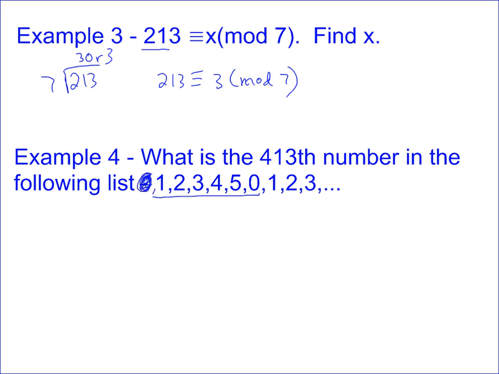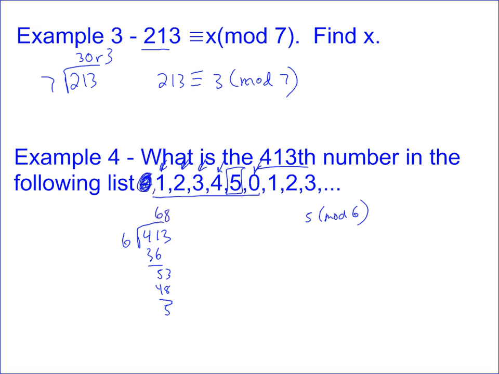So we divide 413 by 6, and we get remainder 5, so 413 could be written as 5 mod 6. So the 413th number then is 5. Every multiple of 6 would be a 0, every remainder 1 would be a 1, remainder 2 would be a 2, and so on. So since 413 is 5 mod 6, the 413th number in this list, as it keeps repeating itself, is a 5.